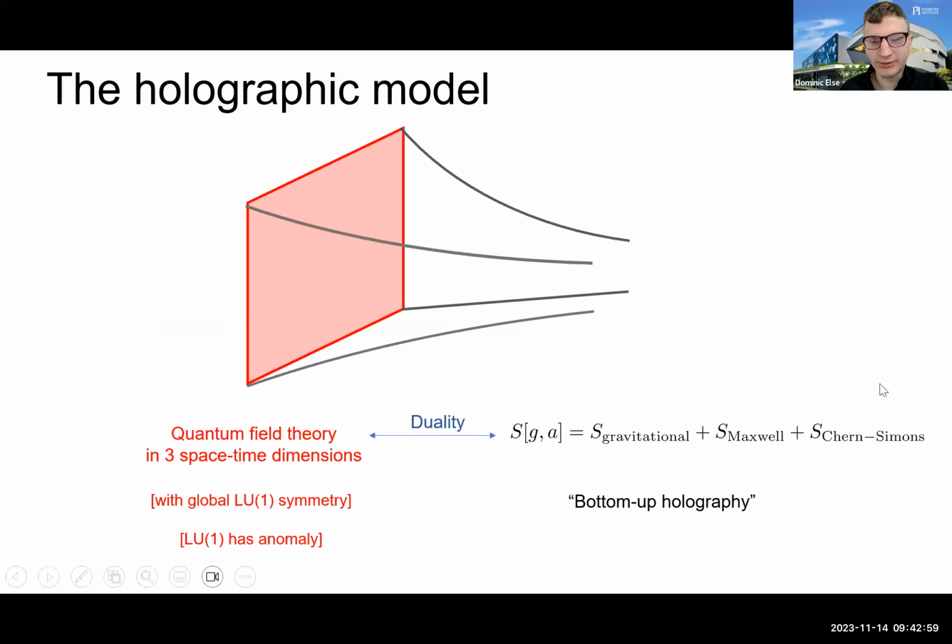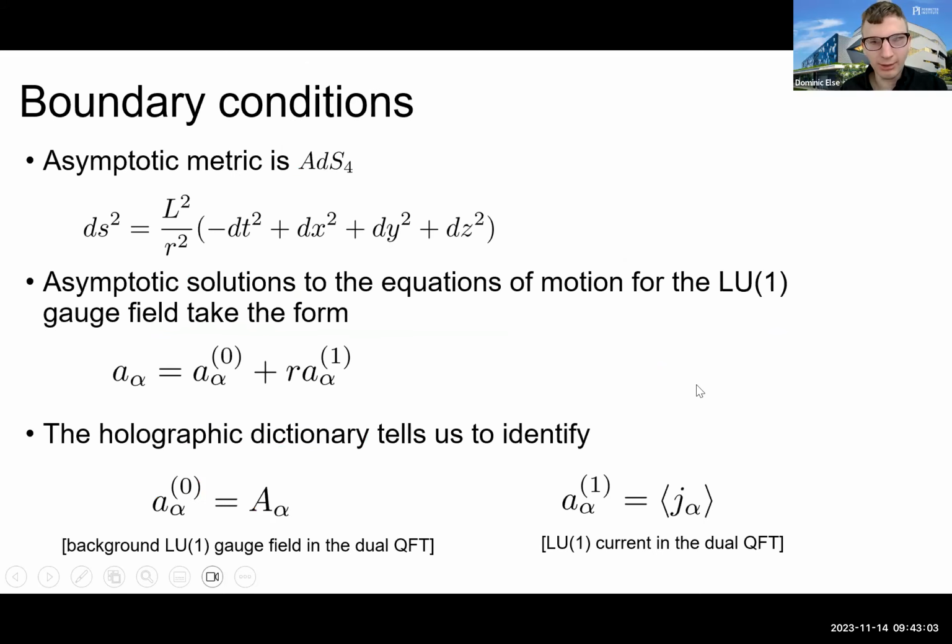Right, so this is the action that we have. Just a few more bookkeeping things before I can present the solutions. You also obviously have to specify the boundary conditions in the UV region of the spacetime. So I'm going to take the asymptotic metric to still be AdS.